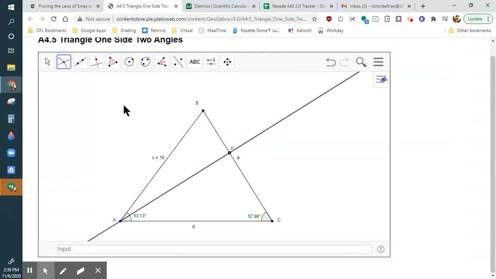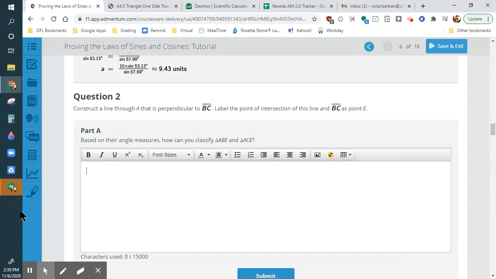What would we classify this? So we're going to classify them as both of them being right triangles. I should just copy and paste that. They are both right triangles.